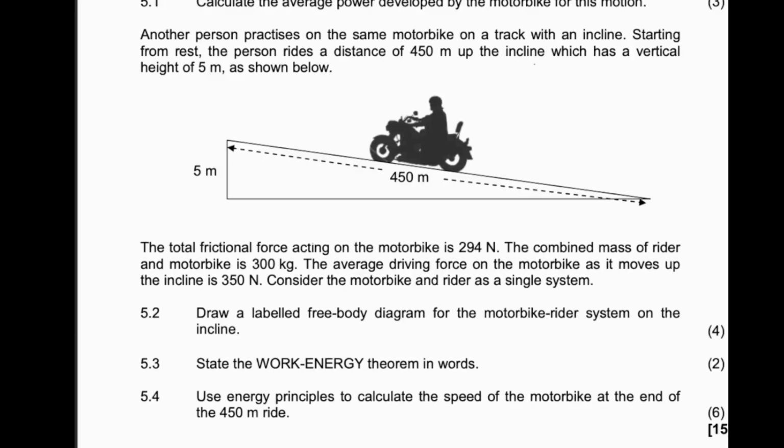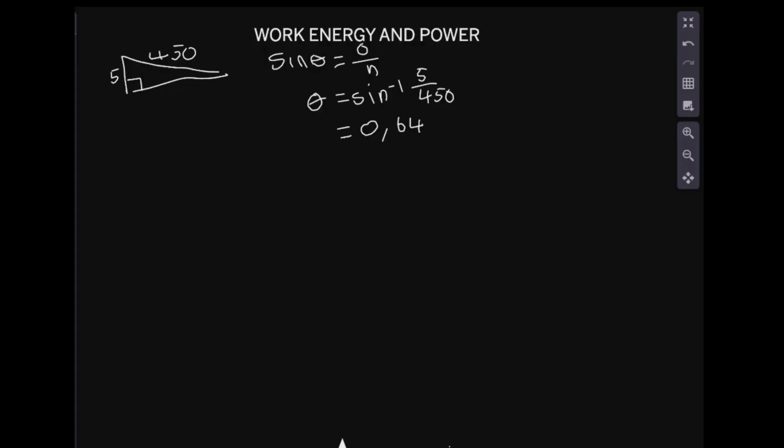Okay, we're going to come here. We're going to say this is the bike. It's moving up the incline at force applied. Behind it, there is frictional force. Weighing it down is weight, and this is Fn.